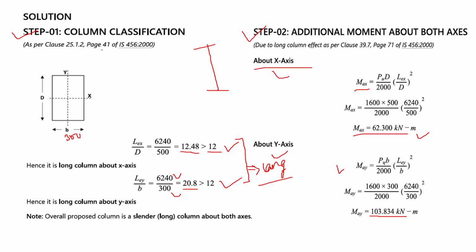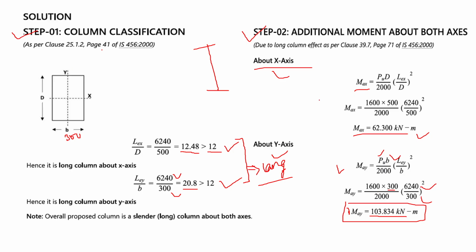Simply you have to divide. PU is what here? PU is the factored axial load acting on the column. B is here the width of the column, that is 300. And 62 point something is the effective length of the column, and 300 is the width of the column. You just got the MAY, that is the additional moment.